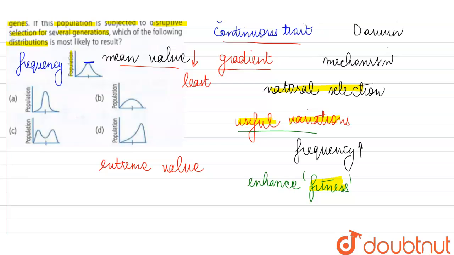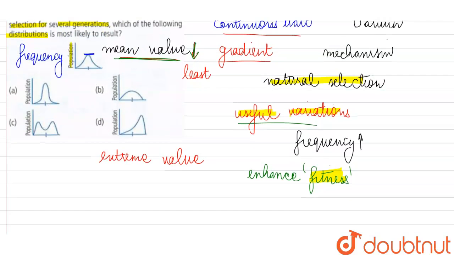So suppose here we are talking about the height of the individual. So if there is disruptive selection, after disruptive selection over a long period of time, we will see that the individuals of mean value are going to be less in frequency. So the people of average height are going to be less, and we are going to see that the very tall people and the dwarf people, both of them are going to increase in frequency.